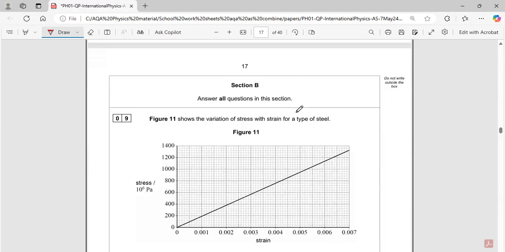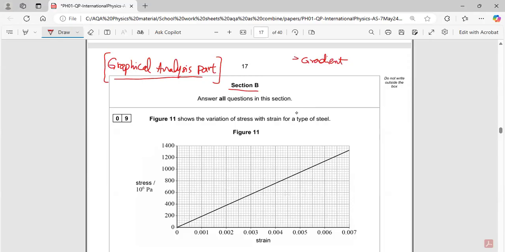It has just 2 questions, and basically section B is the graphical analysis part of your AQA exam. So you have to look for the technical terms related to graphs. Let's say you have to find the gradient, and they can ask you to plot the error bars.